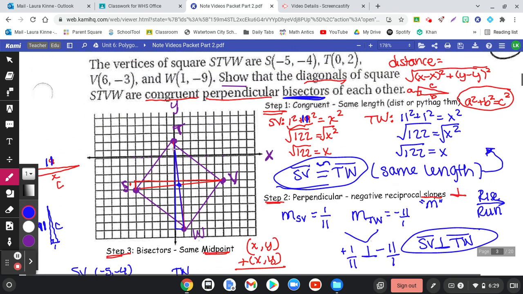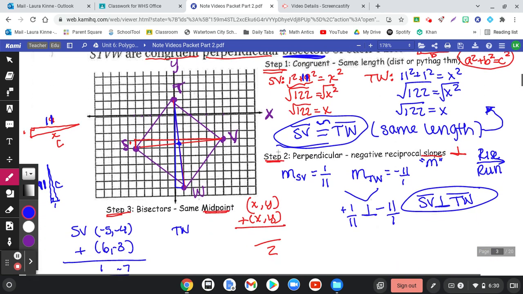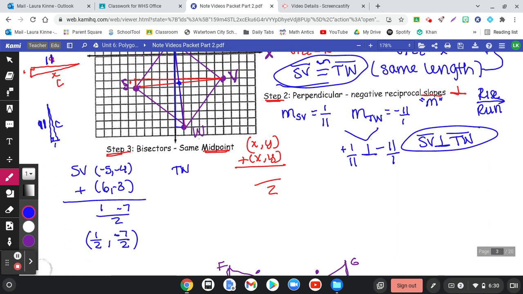Okay, TW now, grab the 2 points, 0, 2, and 1, -9. And again, add them together. Look at that, same numbers, divide them by 2. And that also has a midpoint of 1/2, -7 over 2.